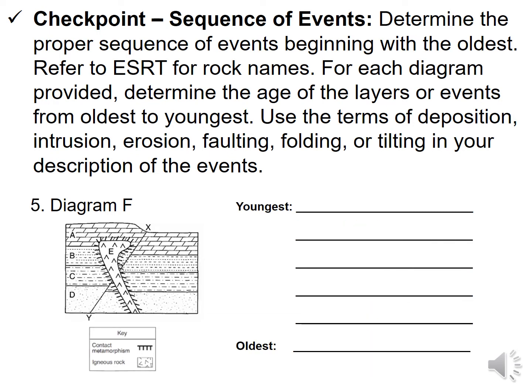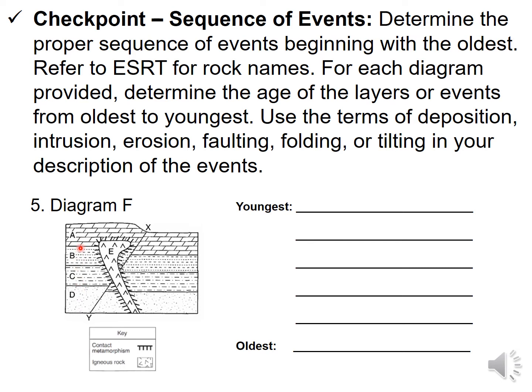Okay, another one. So again, we want to look at what we all have. Here we have a fault, I apologize, not a fold. Okay, we have an intrusion, and we know it's an intrusion because all those lines are all the way around it. And then we have the deposition of these layers.